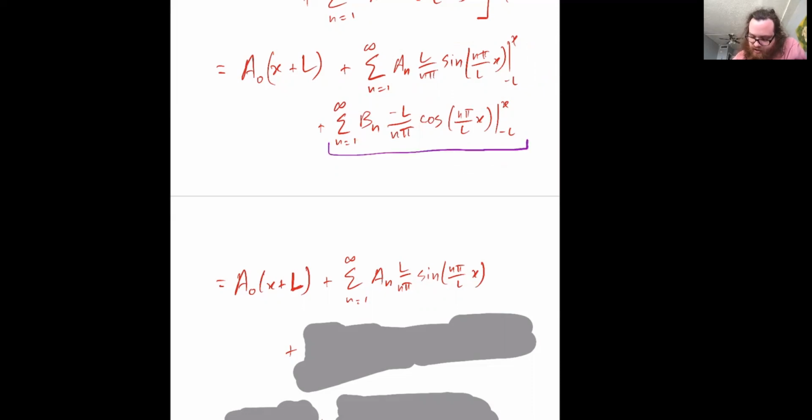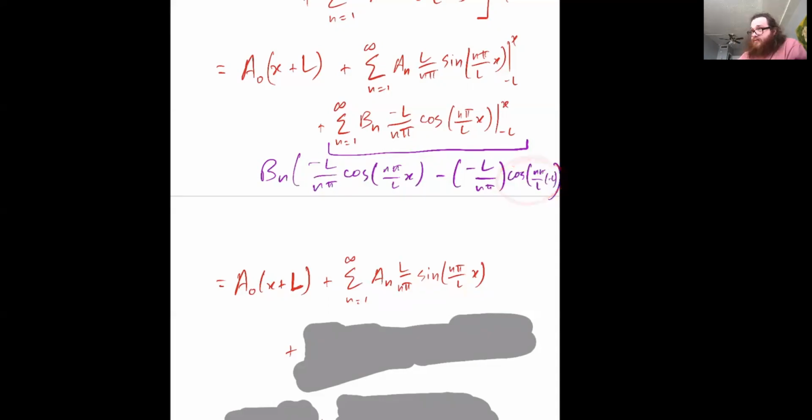So this right here is going to be b sub n, minus L over n pi times cosine of n pi over L x, minus L over n pi cosine n pi over L times minus L. So these minus signs are going to cancel, so we just get a plus here.